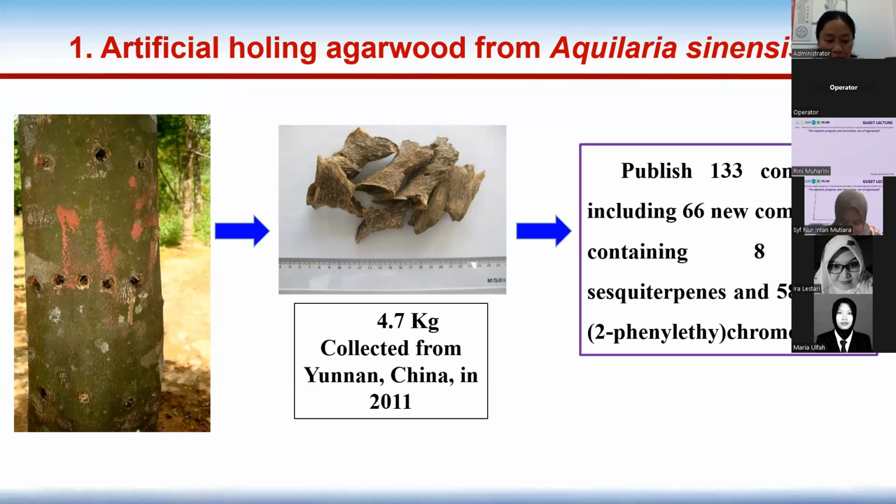In this way, after 2 years, the agarwood can be produced. After 4 to 5 years, the quality becomes better. Of course, the longer the time, the better the quality, and the quantity also becomes more. And this is the collected sample after the agarwood was produced.